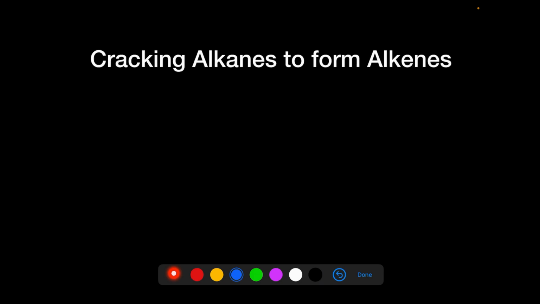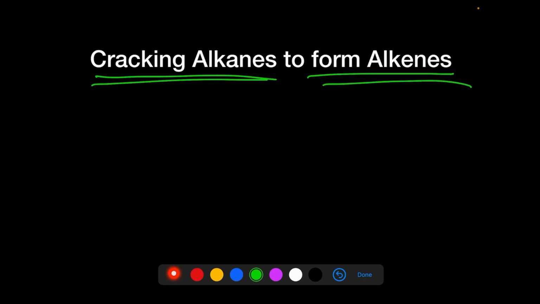Now we look at a very important reaction, which is cracking alkanes to form alkenes, the second homologous series. Cracking means breaking molecules into smaller ones, and we use zeolite catalyst for catalytic cracking. A very important example is cracking of decane. These questions come a lot in exams.